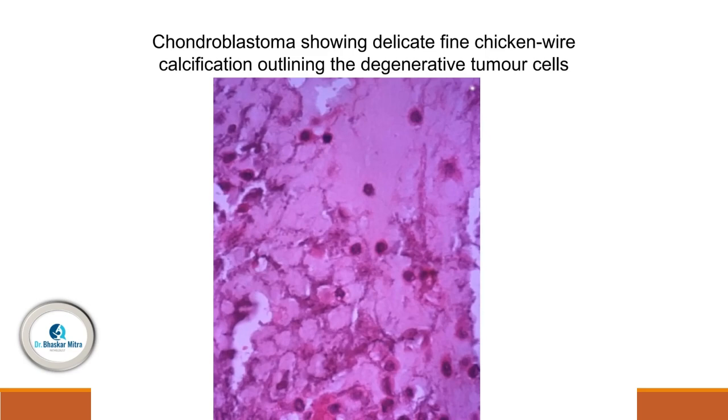Again, the cellularity is a bit low, but in the background there is a cartilaginous area with a well-defined border of the cells, and it is showing the fine chicken wire calcification. Surrounding it, some of the cells show a bit of degenerative changes, along the chicken wire calcification.